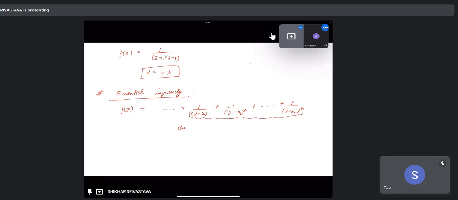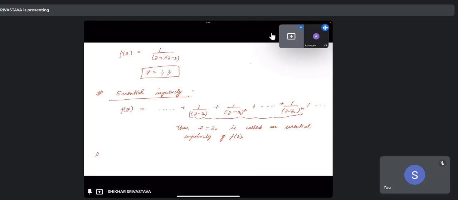In that case, you would simply say that z equal to z naught is called an essential singularity of f of z.